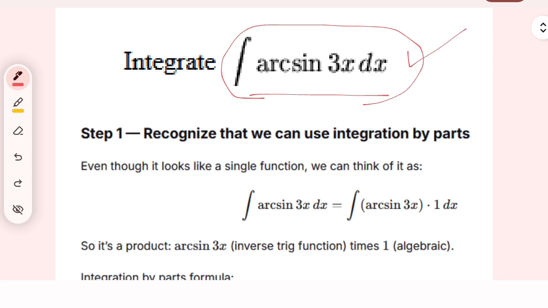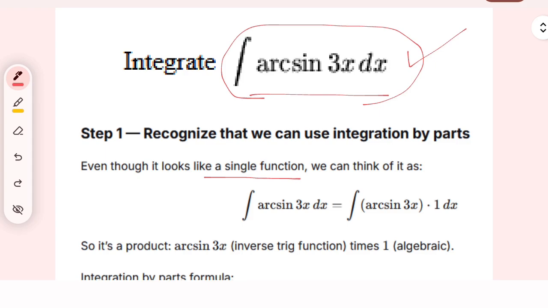When you see something like this, what kind of strategy or approach will you apply to solve the integration? In this case, it looks like it is just a single function, arc sine 3x dx. It looks like it has only one function.